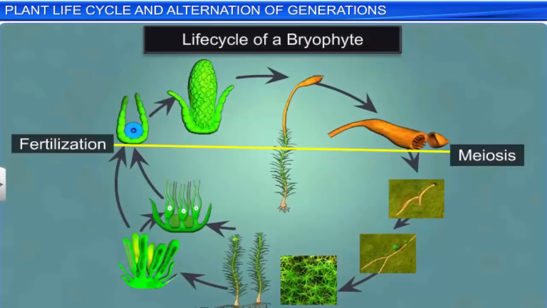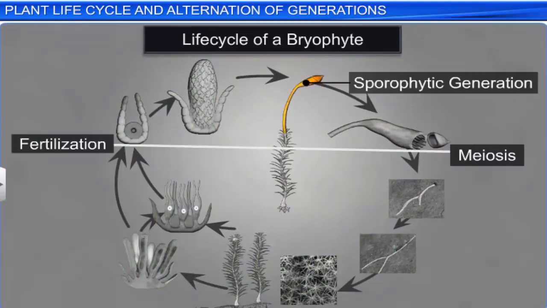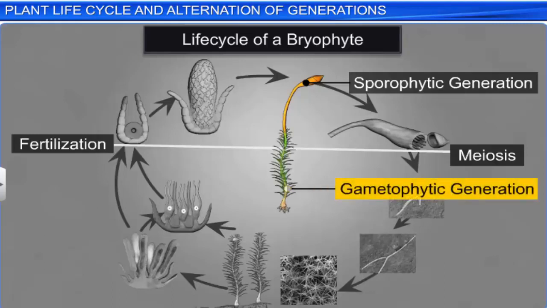In Bryophytes, for instance, a free-living thalloid, photosynthetic and erect haploid gametophyte represents the dominant phase. On the other hand, the sporophytic generation is short-lived, during which the multicellular sporophyte is totally or partially dependent on the gametophyte for its anchorage and nutrition.